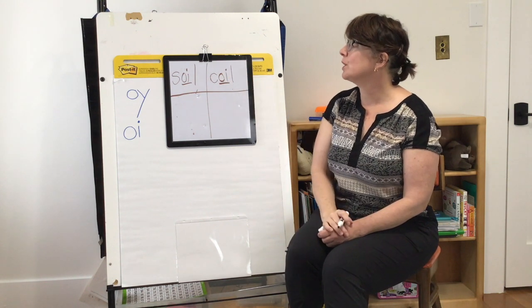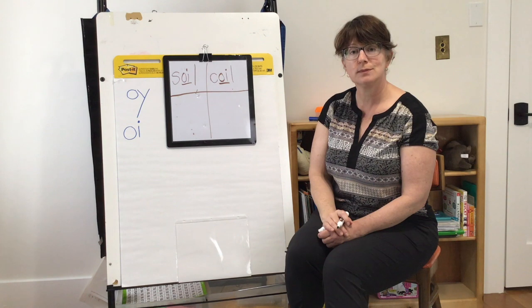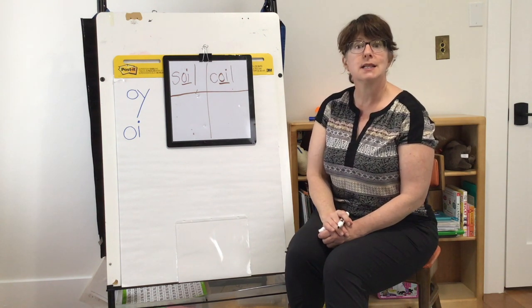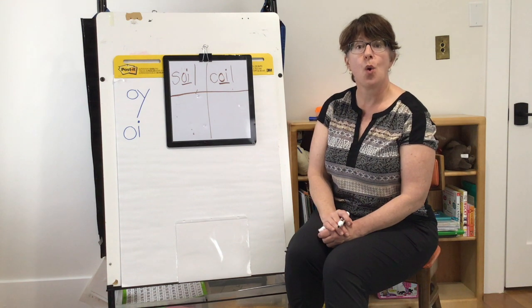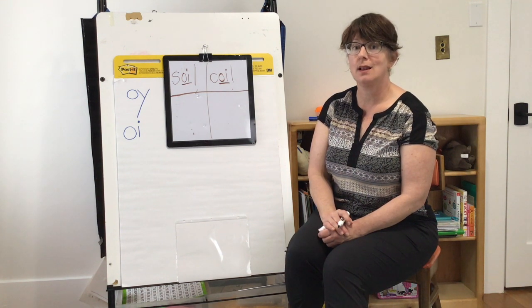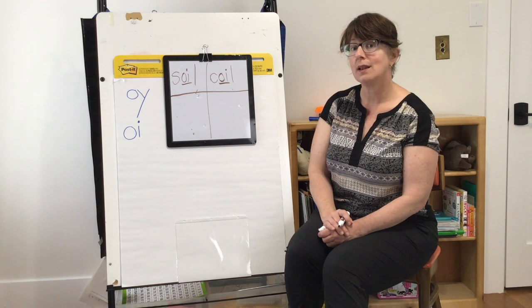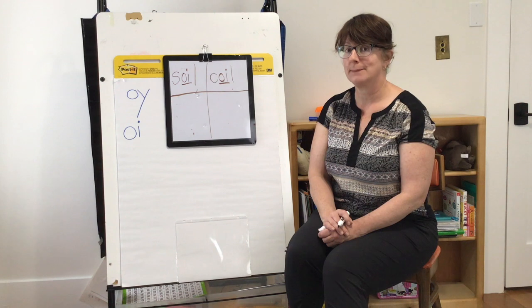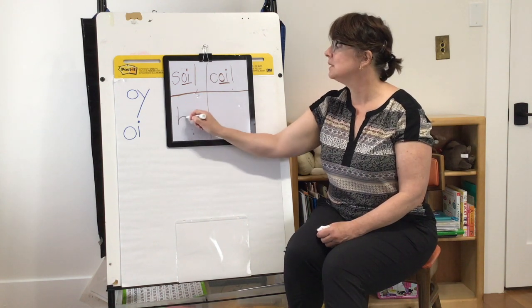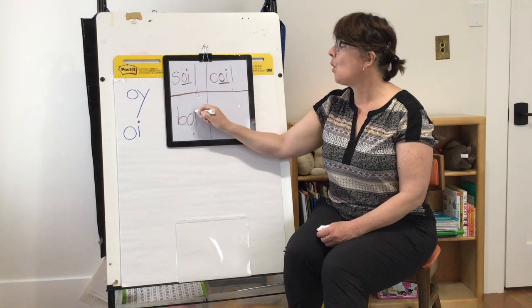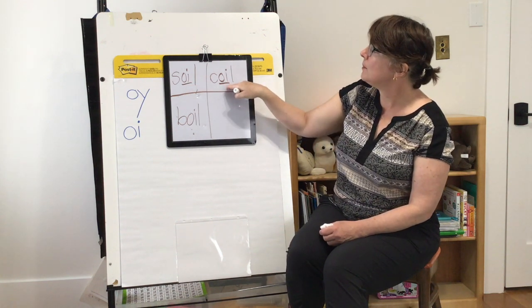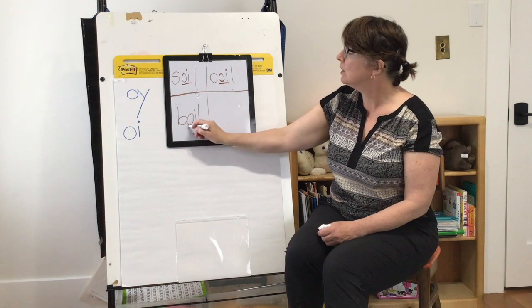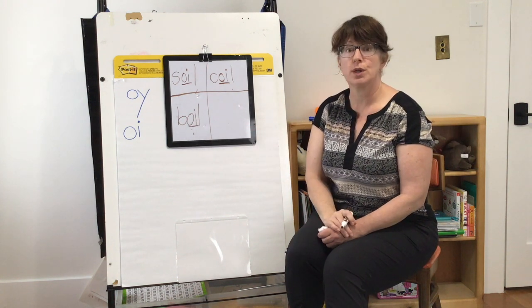Oi in the middle of the word. Coil. Next, boil. B-oil. Listen for the sounds. B-oil. Write it. B-oil. You'll notice that it's the same ending for these words.